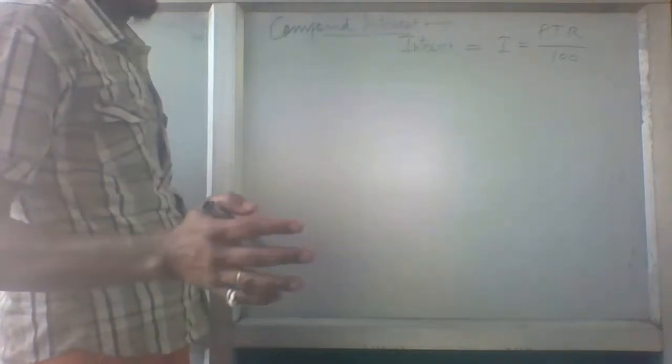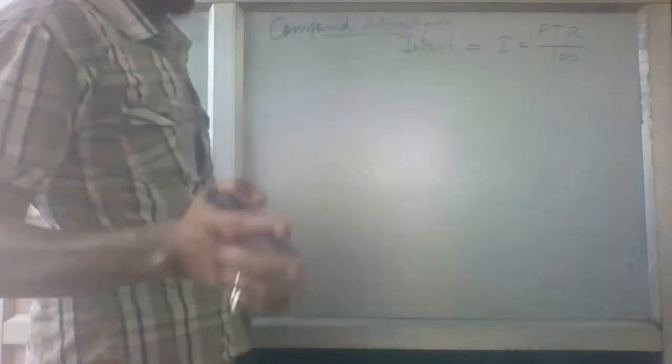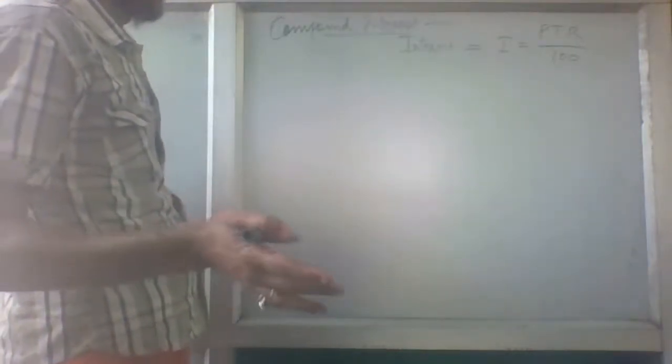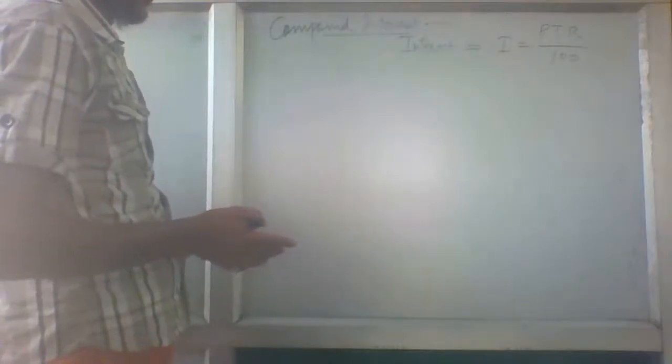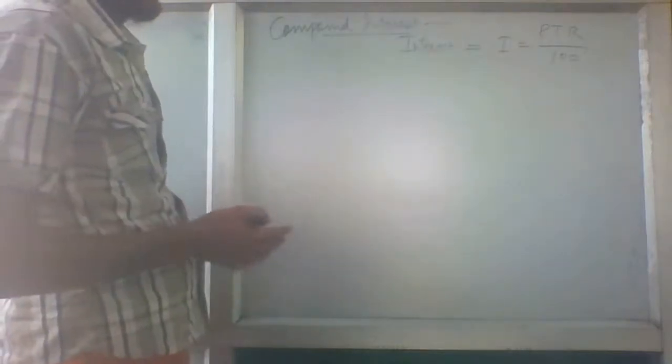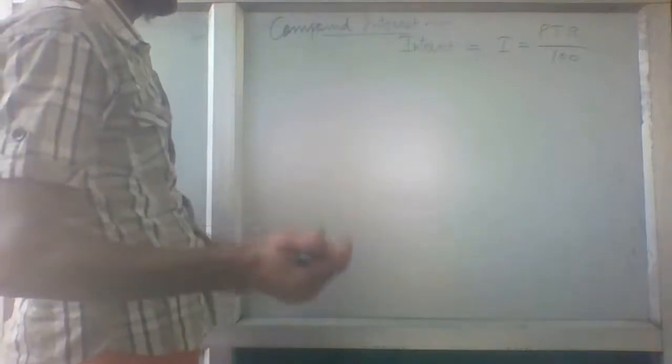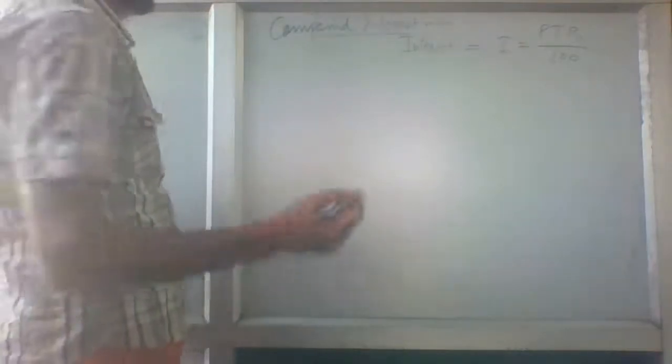Then you will come to know what simple interest is and what compound interest is. Only one example is enough to let you understand all the important facts about it. So by this example you will understand a lot of things at once.